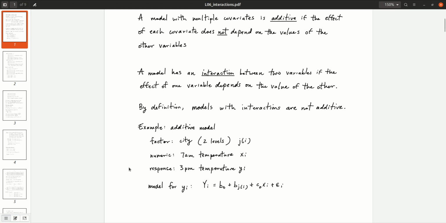The factor-numeric model we wrote down in the last module is a model for the response: Y_i = B0 + B_{J(i)} + C0 X_i + epsilon_i. J(i) is the variable which tells us which level the factor is, which city in this case. Our assumption on the epsilons is that they're independent normals, all with the same variance.